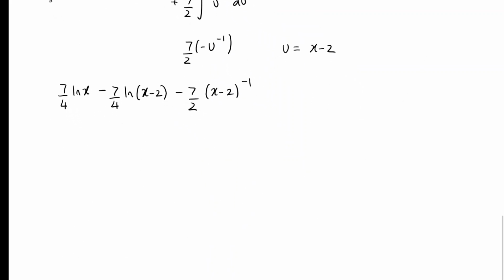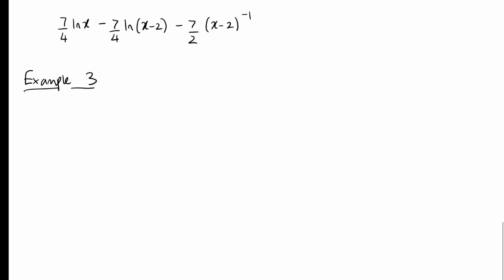Okay, one last example. Example 3. The integral of 3 minus 5x times sine x dx. So there are no fractions here, so we won't be using partial fractions.